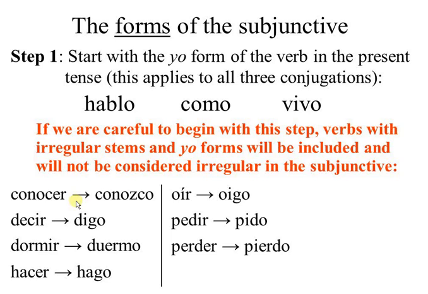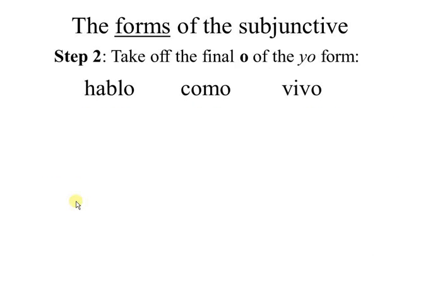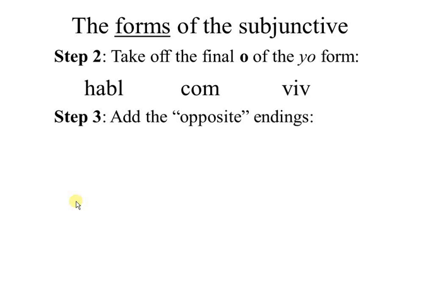Perder, to lose, pierdo. Querer, quiero. Tener, tengo. Traer, traigo. Venir, vengo. Ver, veo. Step number 2. Take off the final O of the yo form. Let's do that. And now, all you have to do is to add the opposite endings.